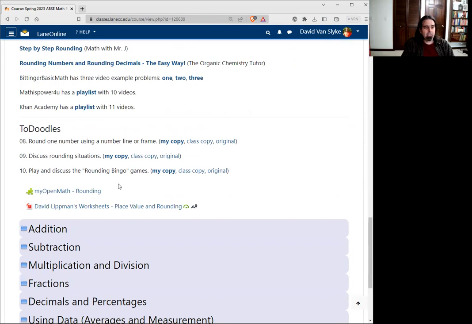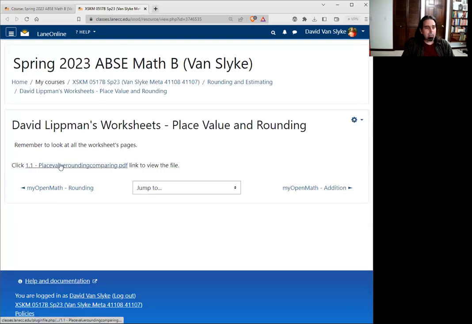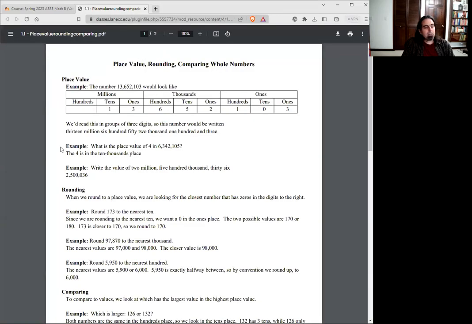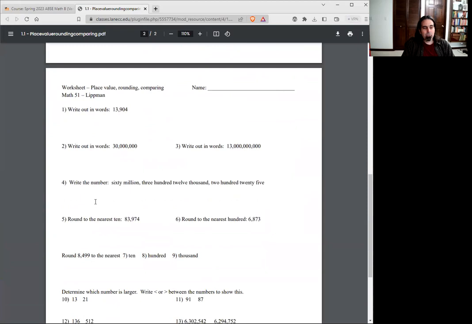Our basic plan is the same. We have 3 ToDoodles that will stretch our brains in all the right ways, so I won't have to be boring and lecture at you. And then you have the My Open Math. For the first time, we have worksheets, nice worksheets made by someone named David Lippman. They're always one page that's a summary review, and then another page with some problems. The issue is they don't have answer sheets.